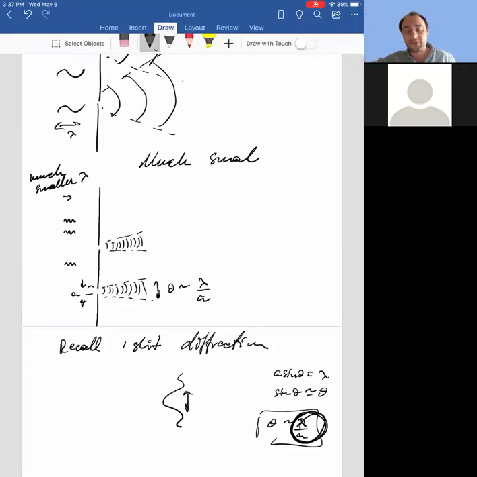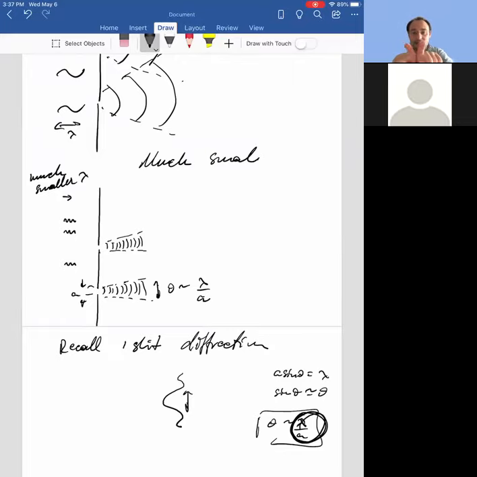You also have something similar for the two-slit formula: d sine theta equals n lambda. The angle between the first fringe, second fringe, third fringe, and so on, in a two-slit pattern goes like lambda divided by the slit separation. So there are two angles involved.